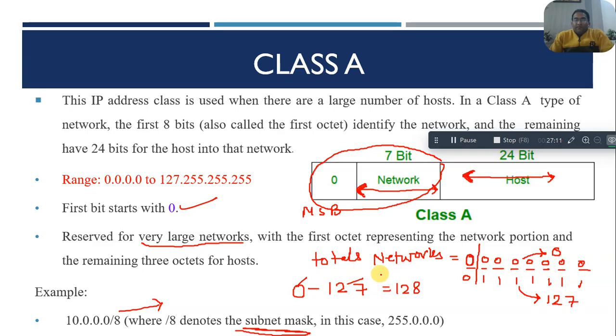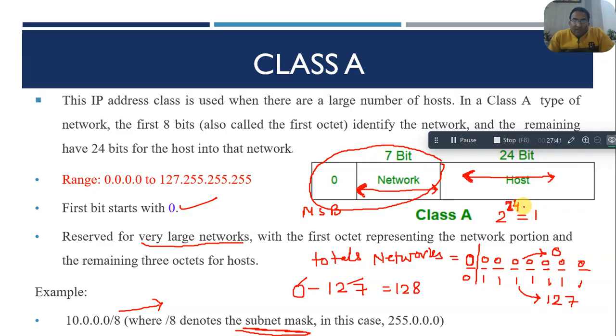Right, now let us talk about the total number of hosts. The total number of hosts can be identified with the help of these 24 bits. So we now have 2 to the power 24, which is approximately 16 crore hosts.